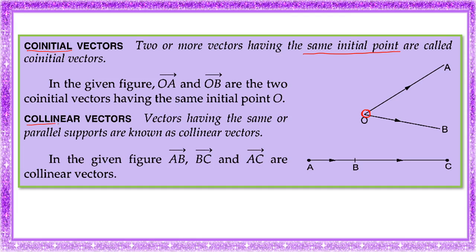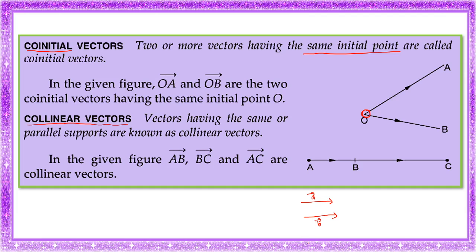Then next we have collinear vectors. Collinear vectors means having the same or parallel supports are known as collinear vectors. Like in this figure, AB, BC or AC all are collinear vectors. If I make this vector, vector A is this, vector B is this, then also these vectors are collinear.